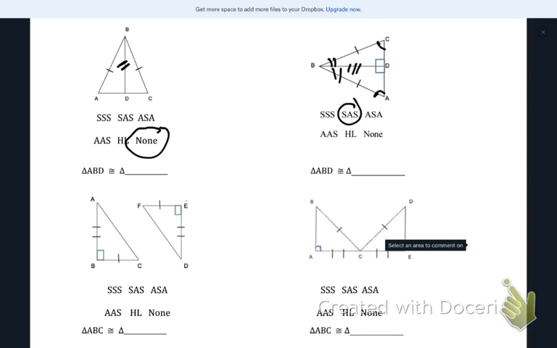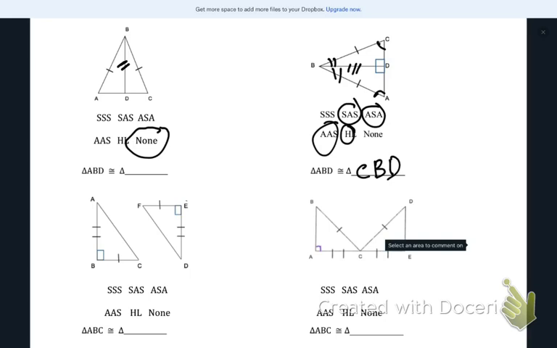You also have angle angle side. And you also have HL, the hypotenuse leg, because you have two right triangles. The hypotenuse are congruent, and then you have one set of legs. So with this one, again, it's the same as the first one. Triangle ABD will just be congruent with triangle CBD. Okay?